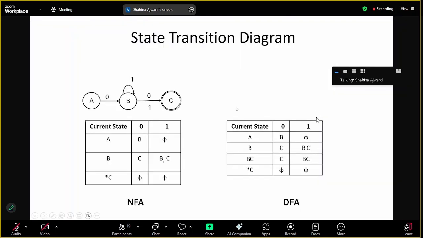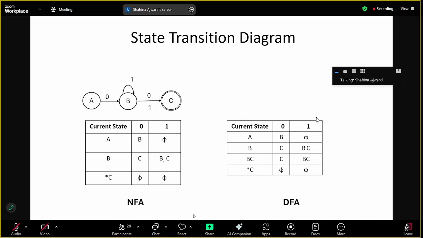Right. Now let's see how we can convert this NFA. At the beginning, I said any non-deterministic finite automata has an equivalent DFA, right? Usually designing a DFA is quite complex because we can't have any multiple transitions.